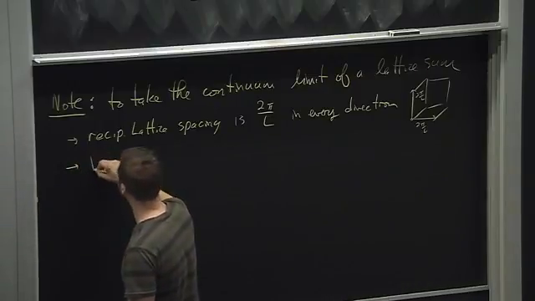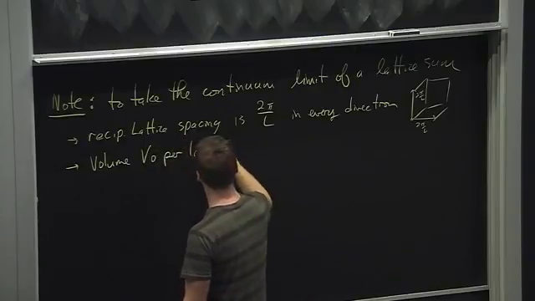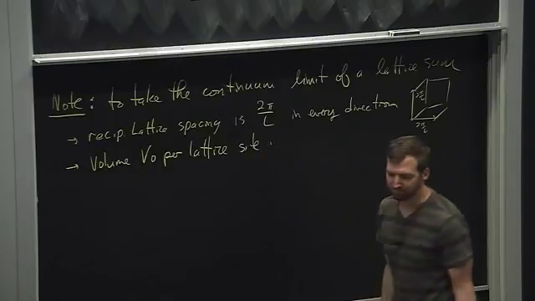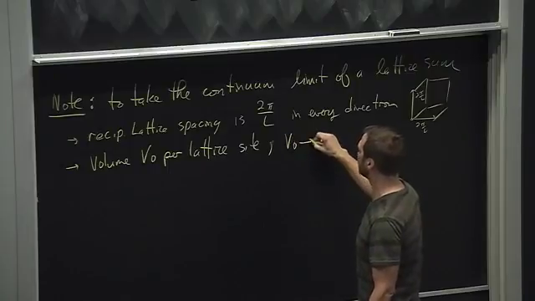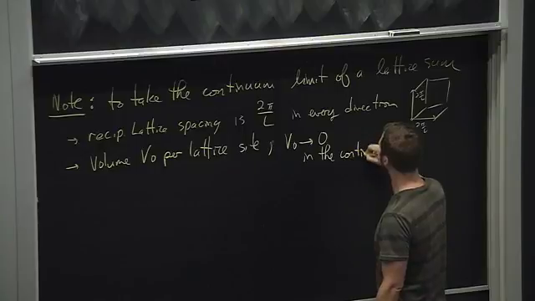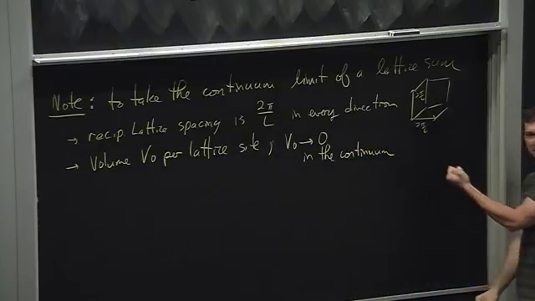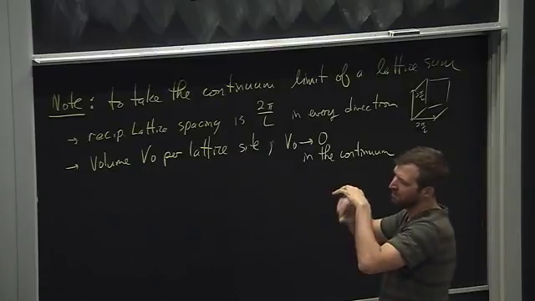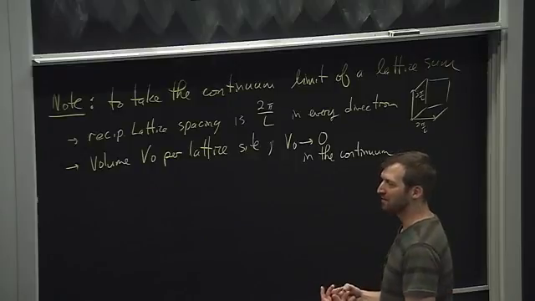So I'll call it V naught. In the continuum limit, that goes to 0. You're shrinking that cell down to 0. But the total volume of the Brillouin zone, or the total volume of your sample, has to remain fixed.